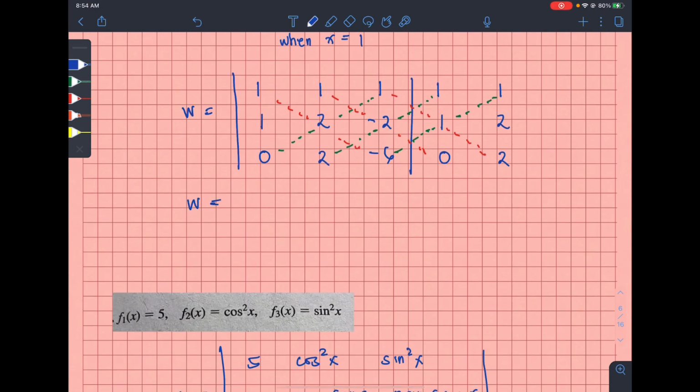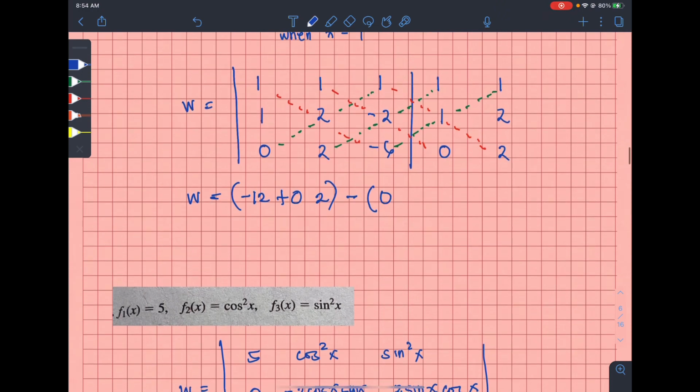So W would be: 1 times 2 times negative 6 is negative 12. 1, negative 2, and 0 is 0. 1, 1, and 2 is 2. Then minus 0, 2, 1, that is 0. 2, negative 2 times 1, it's negative 4. The negative 6, 1 and 1, it's negative 6.